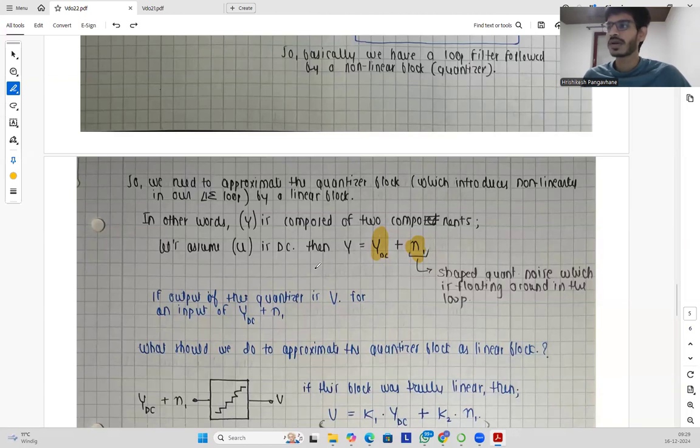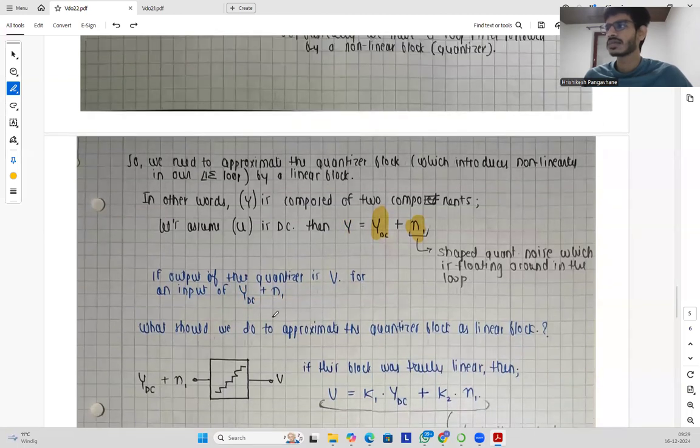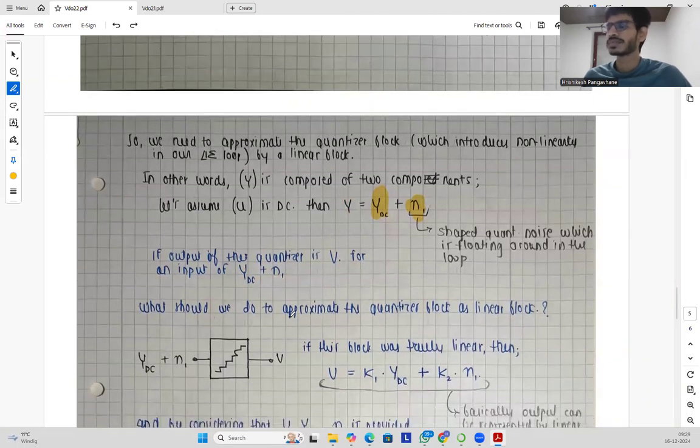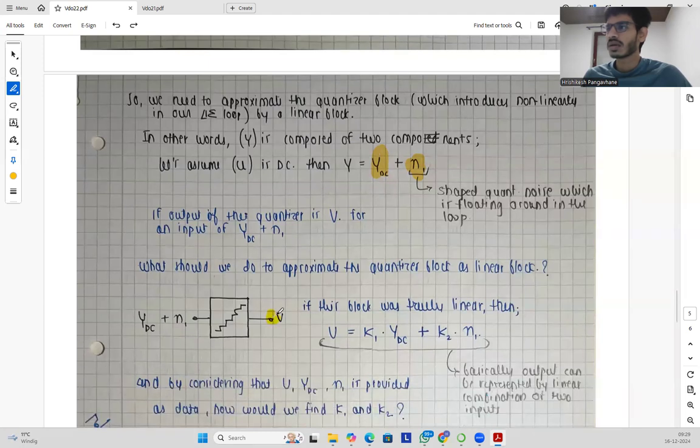And if the output of the quantizer is V, I mean, this is the V which is the output for the input YDC plus N1, then we have basically a quantizer with output V and input YDC plus N1.